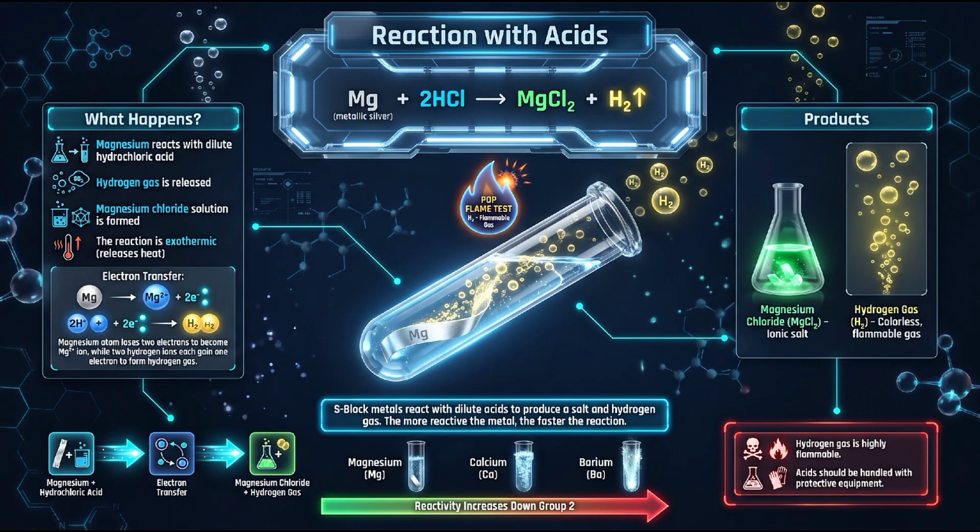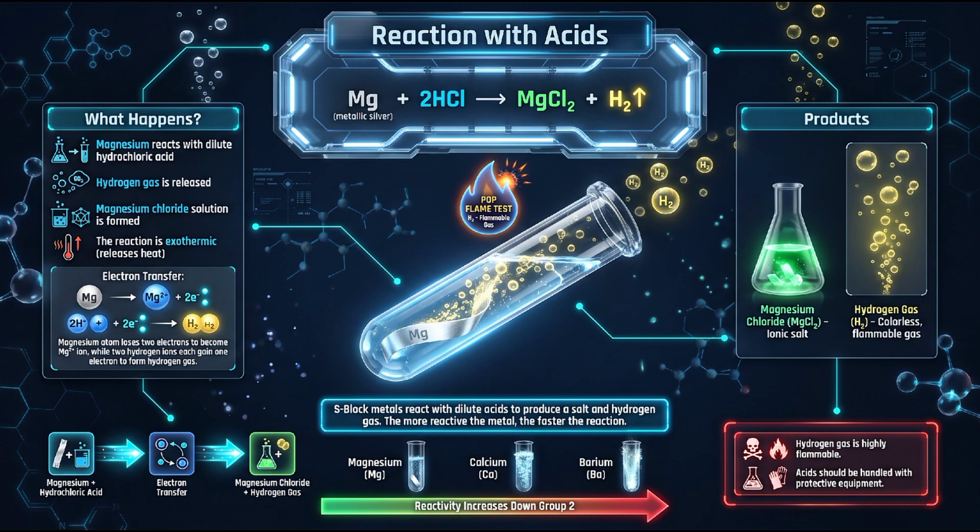Because oxidation and reduction occur simultaneously, this is a redox reaction. The image clearly illustrates this electron transfer. It shows magnesium changing into Mg²⁺ after losing 2 electrons, while hydrogen ions accept these electrons and combine to form hydrogen gas. This transfer of electrons is the fundamental process that drives the reaction.